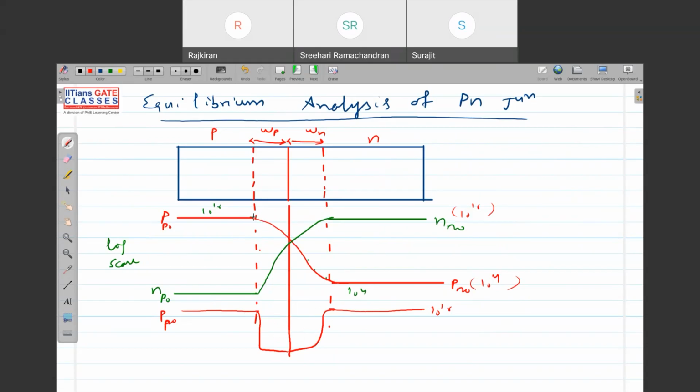It is going gradually, like 16, 15, 14. But in linear scale, it looks very, very less. That's why it's called the depletion region. Now, if you want to plot the charge density.